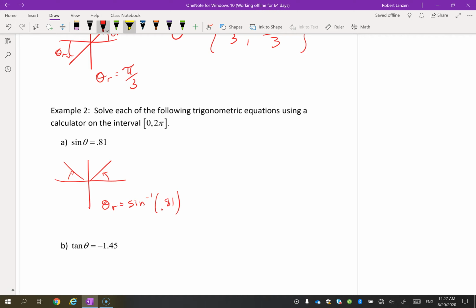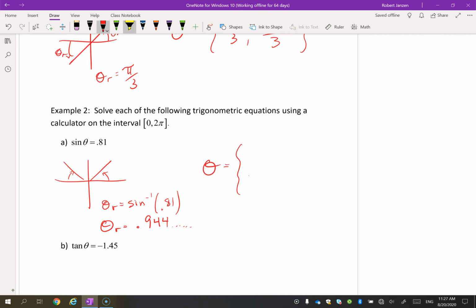So let's go 0.81 and then go second sine. So the reference angle is, and we're always going to use 3 decimals here, but right now you should keep that value in your calculator. Don't round off yet. Okay, never round off till the last step.